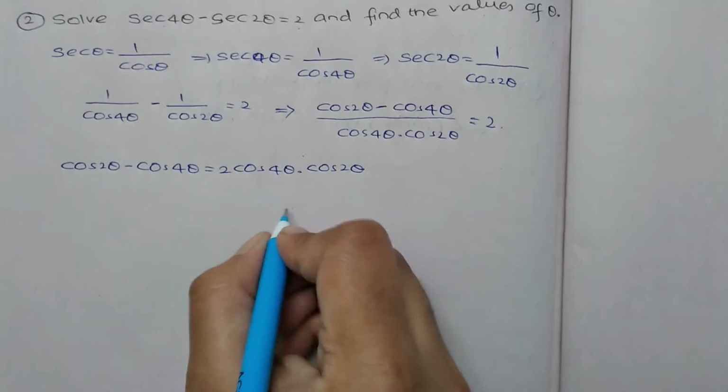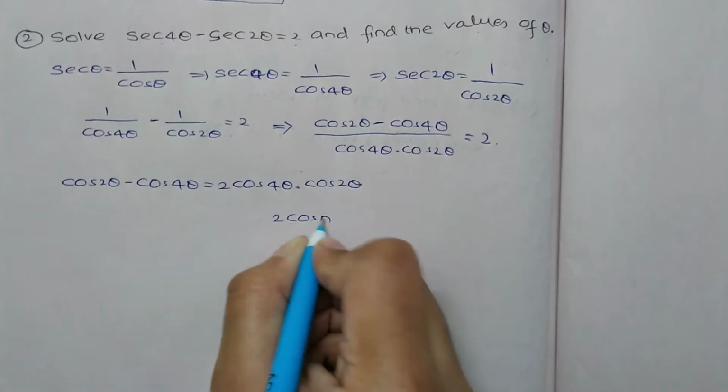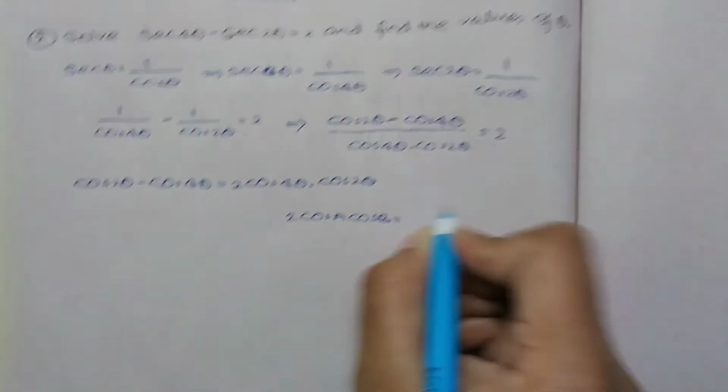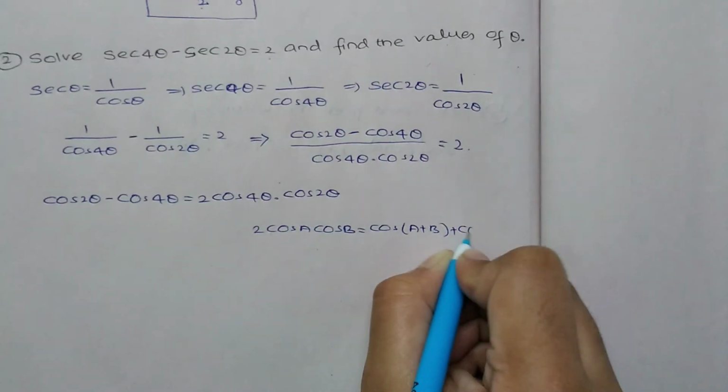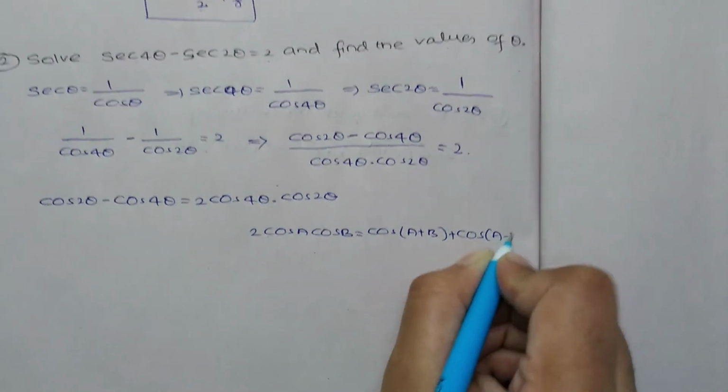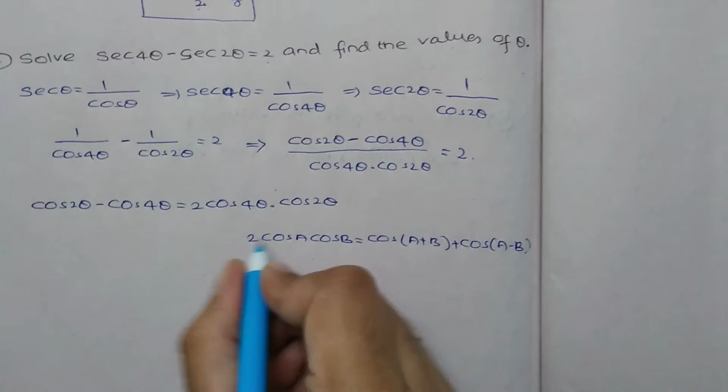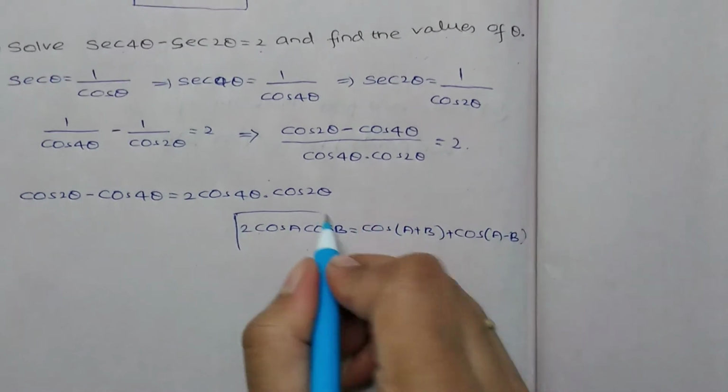Now we know that 2 cos A cos B is equal to cos of (A plus B) plus cos of (A minus B), right? This is the identity.